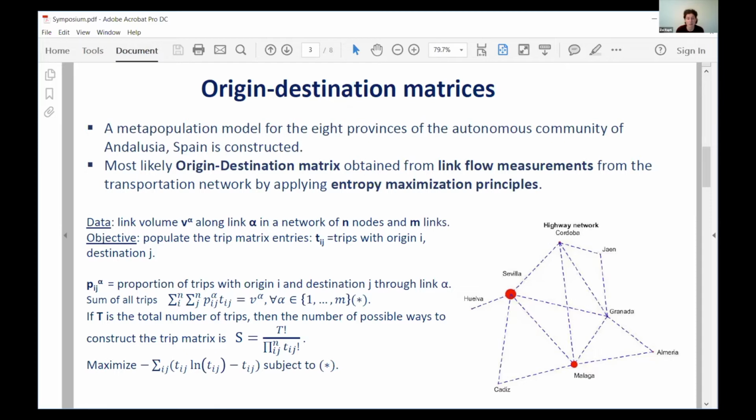This is what I mean when I say the proportion of trips. And again, this is an oversimplified version. I'll show you the actual map in a while, and you will see what the challenges are.